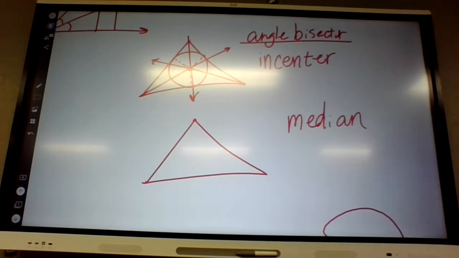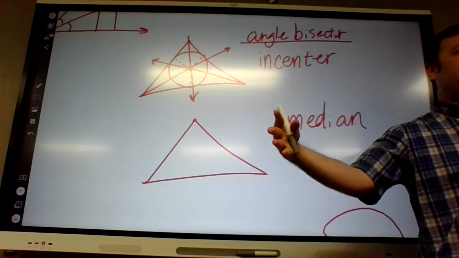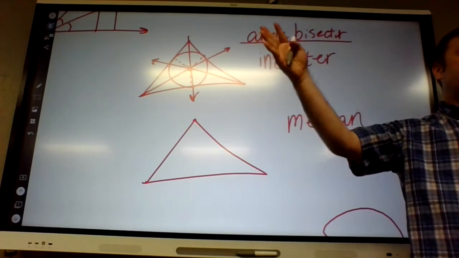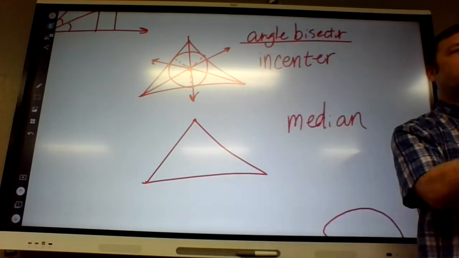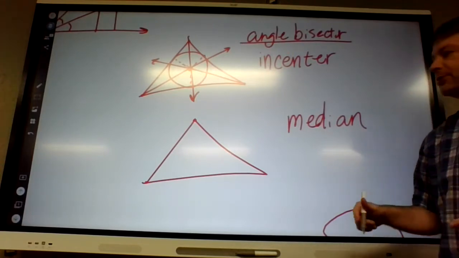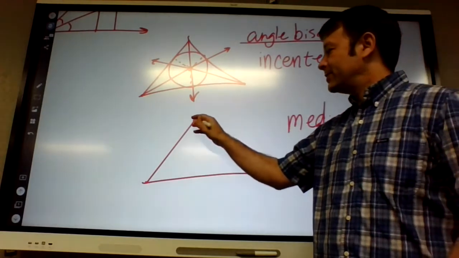It's also the strip down the middle of the highway, like you're going to Tulsa. That's called a median. Yeah, in numbers, if I had all your test grades lined up in a row, the score in the middle is called the median. Okay, so it basically means middle, right? So it goes from the vertex to the middle.